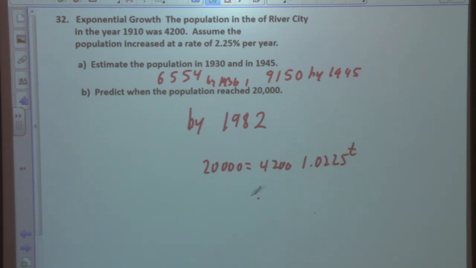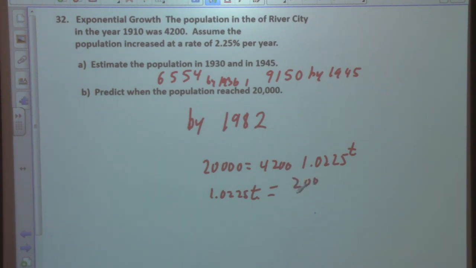And so you divided, and you got 1.0225 to the power of t is equal to 20,200 divided by 42.